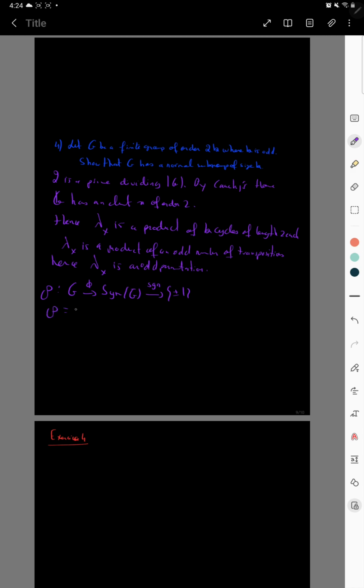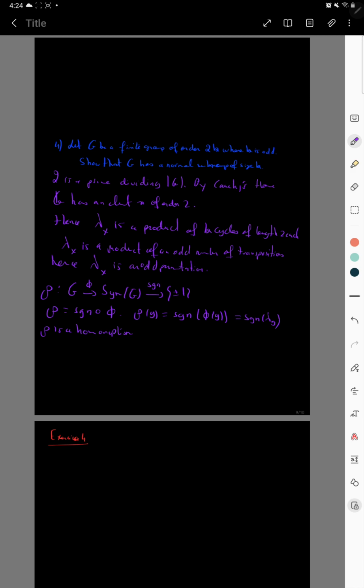And rho is just the sign composed with phi. So rho of g is the sign of phi of g, which is the sign of lambda g. It's clear that rho is a homomorphism, since rho is the composition of two homomorphisms.